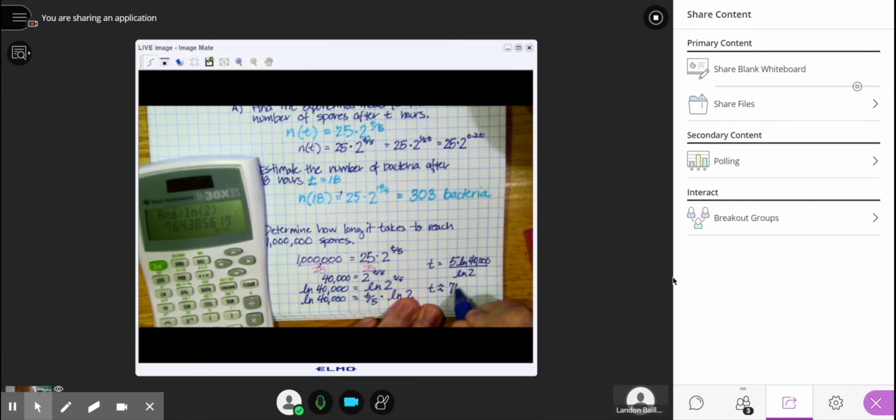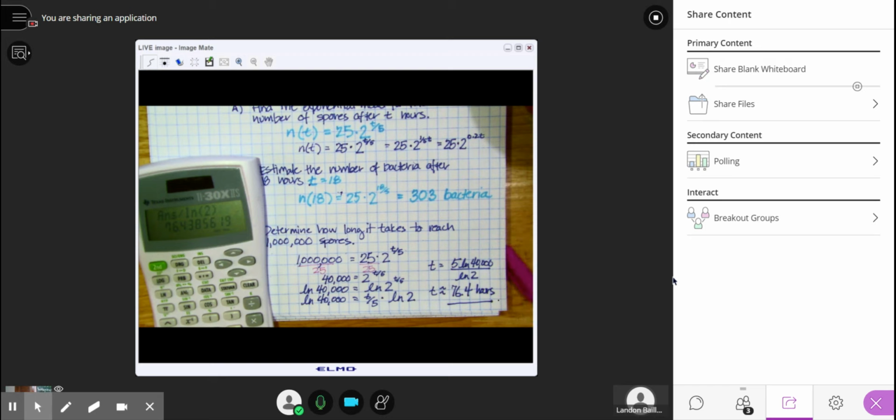And I'll get 76.4, keeping in mind these are hours. So it'll take just a little over 3 days. Just a little bit over 3 days to reach 1,000,000 spores.